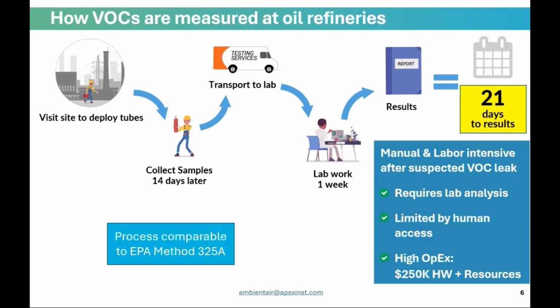Then these passive sampler tubes are sent to a laboratory where they're analyzed, and then a report is shared often about 21 days after the initial deployment of these passive sampler tubes. So you don't get very good, or you get no time resolution data as to what has been happening at your site or near your site related to VOC emission events during that time.